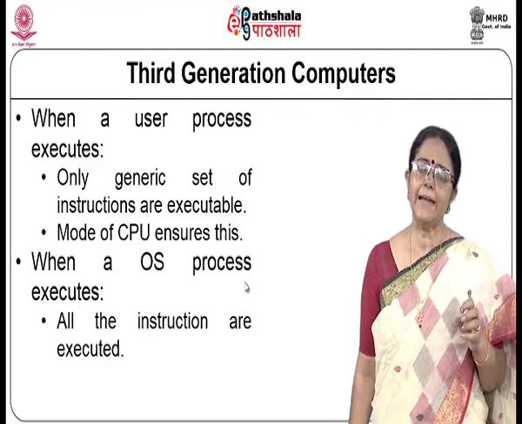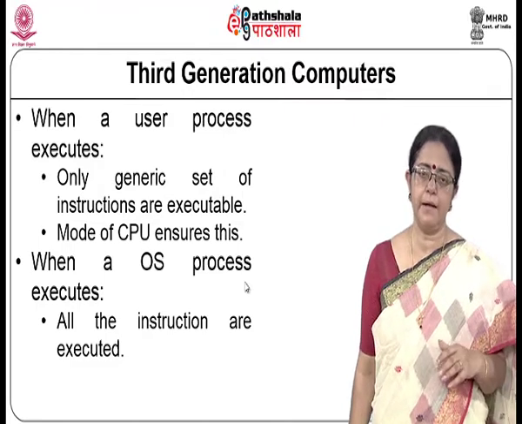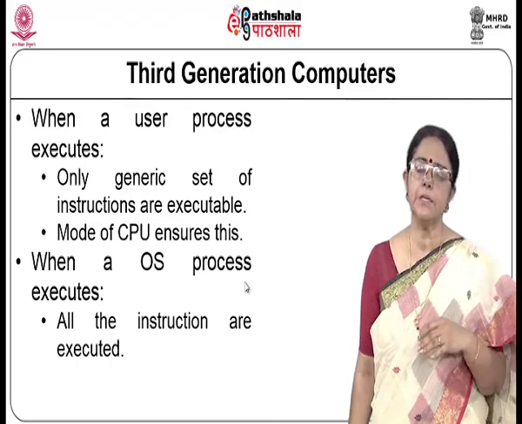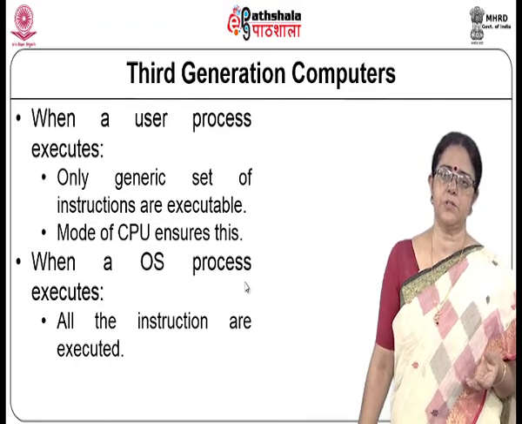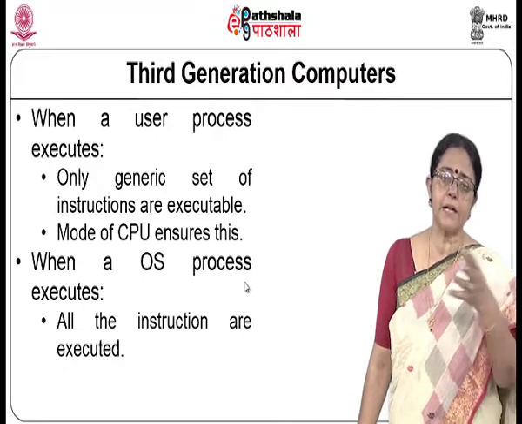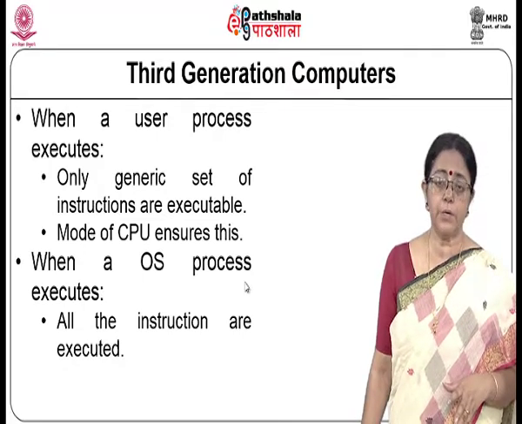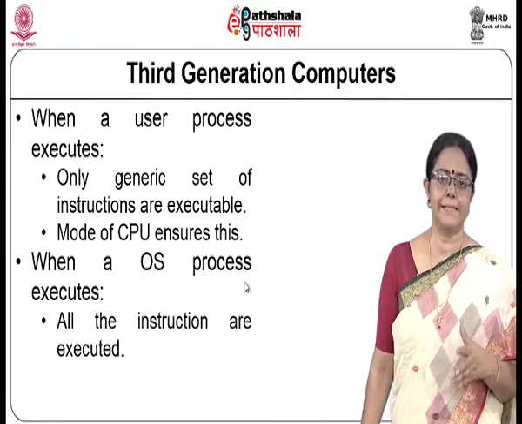So, OS can run everything that a process can run. In addition to that, OS can run a set of additional special purpose instructions which interact with the devices, and do many additional tasks on behalf of the operating system in the CPU.